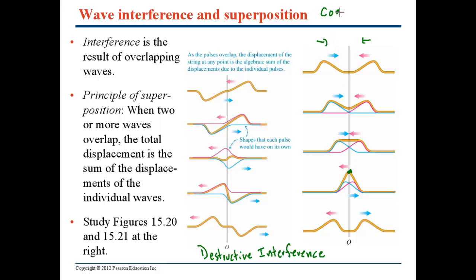This also has a special name. It's going to be called constructive interference. And again, much like before, as the pulses continue, they're going to more or less just go about their way and have no real memory of this incident.